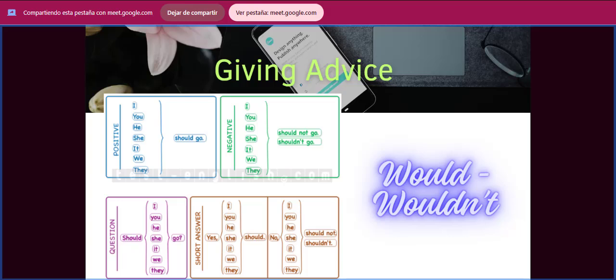Remember that the subject you choose is open, so you can use the pronouns, or you can use a very specific element depending on the context of the sentence or the text that you are writing or reading. Okay? Any questions about giving advice?